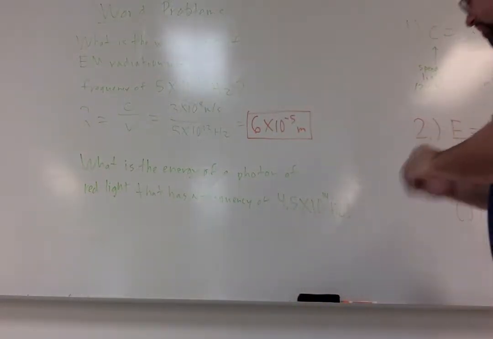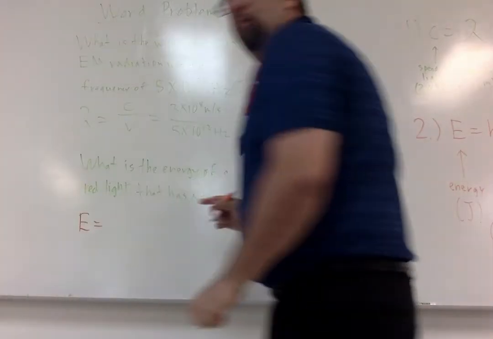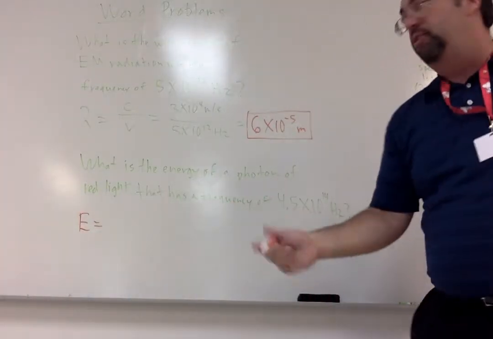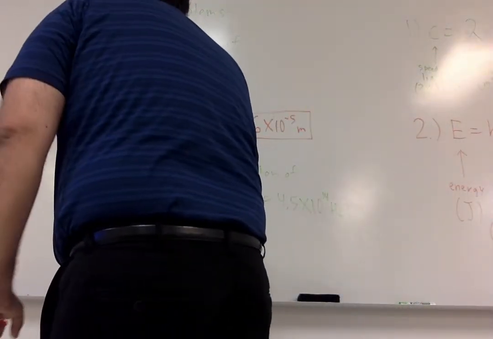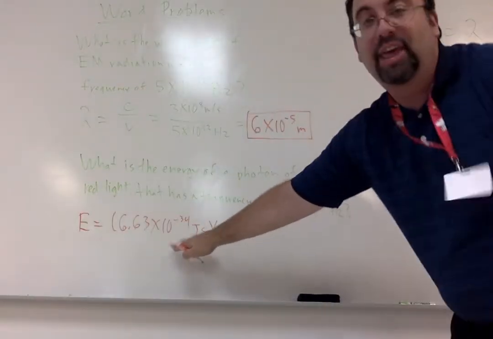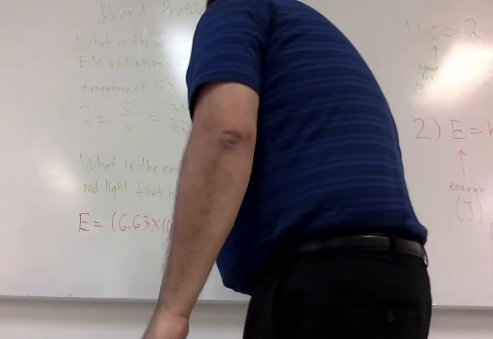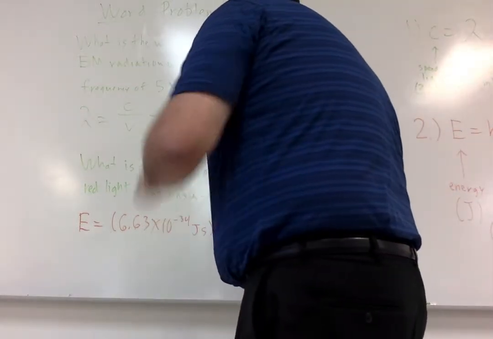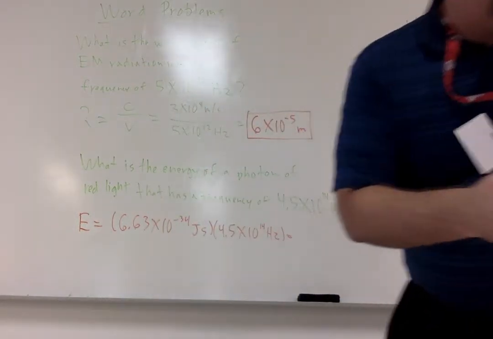So E equals Planck's constant, which again I'll give you, 6.63 times 10 to the minus 34 joule seconds. We multiply this number by what we're given, 4.5 times 10 to the 14 hertz. Again, we're going to put this in our calculator.